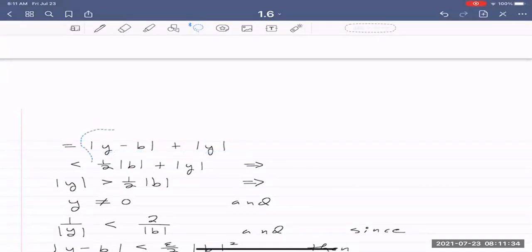And well, we know that the absolute value of y minus b is less than 1/2 the absolute value of b. I can subtract 1/2 the absolute value of b from both sides of my inequality. So I have that the absolute value of y is greater than 1/2 the absolute value of b.